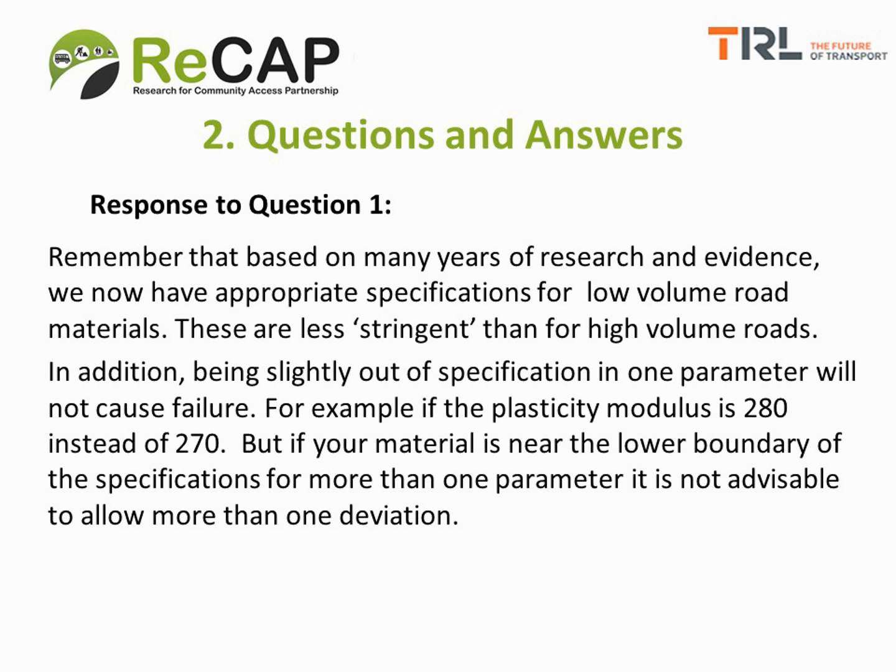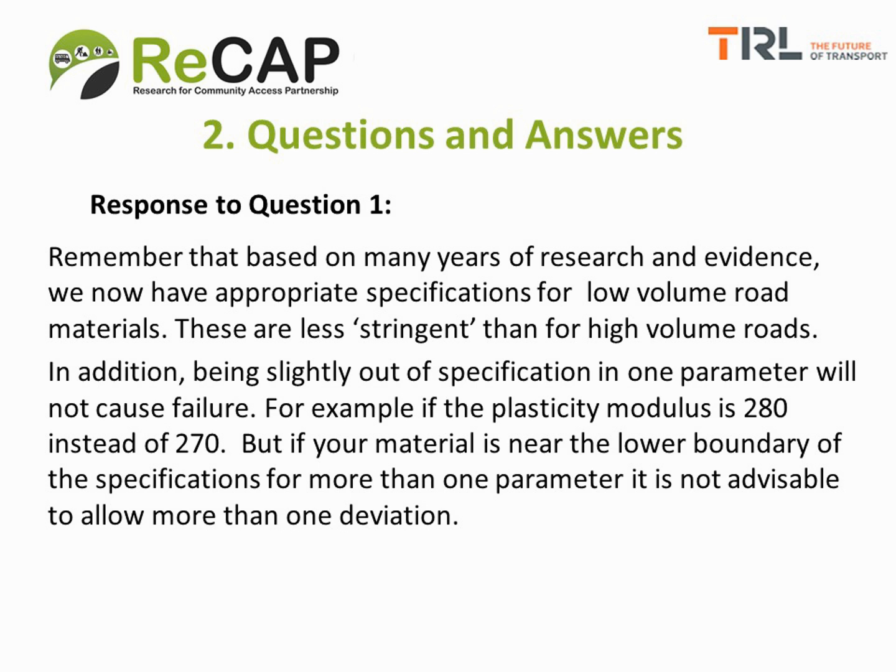remember that based on several years of research and evidence, we now have appropriate specifications for low volume roads materials. These specifications have already been made less stringent than those for high volume roads, and they are already considered appropriate for low volume roads.